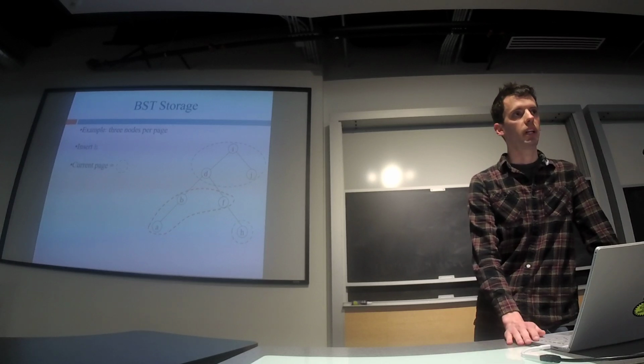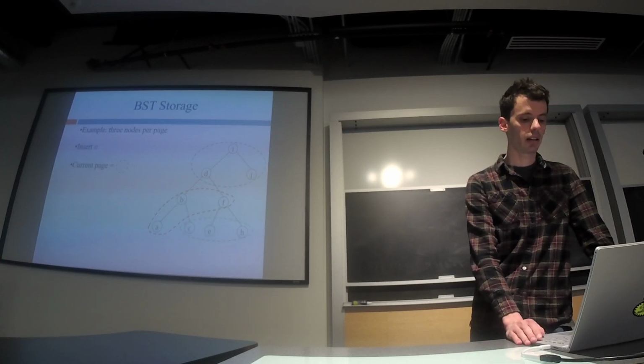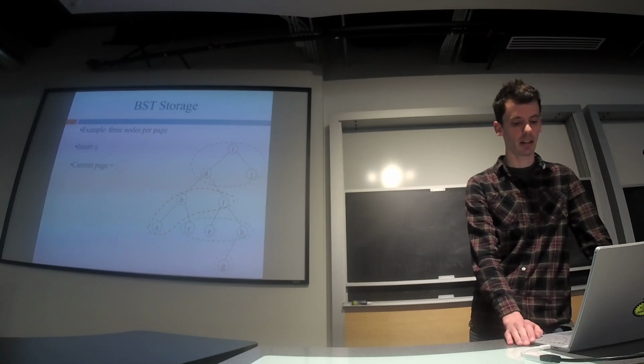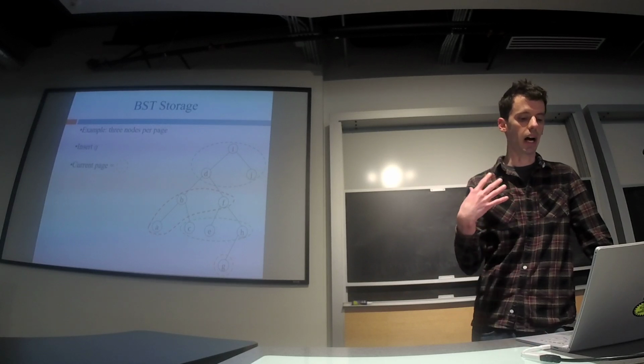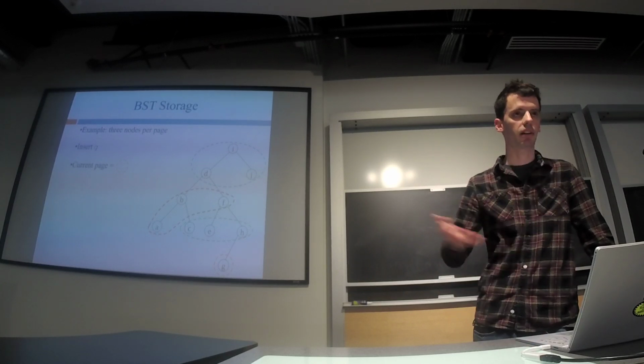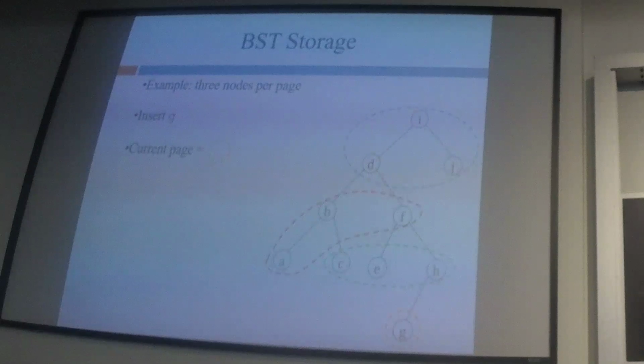Add H, we need a new page. Add E, add C, add G, and that's all we're going to add. So I've added I, J, D, B, F, I forget the order, but basically A through G, H, I, J. A through J. And this is just what we ended up with if I can fit 3 nodes per page.